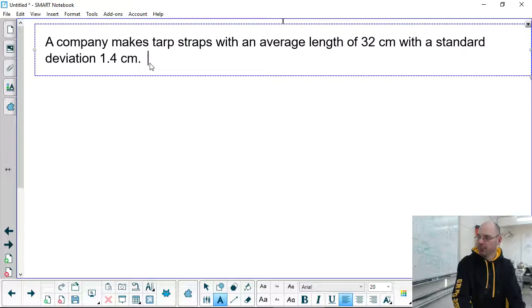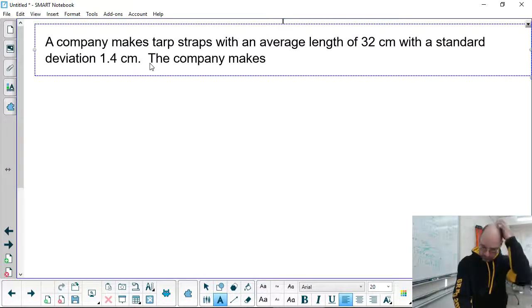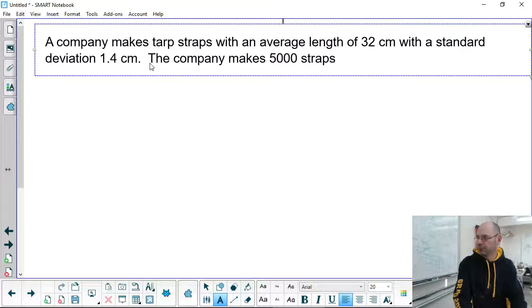The company makes 5,000 straps a day. That's kind of low, but whatever.